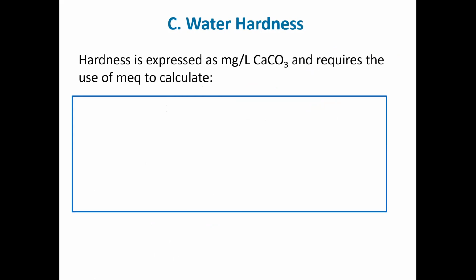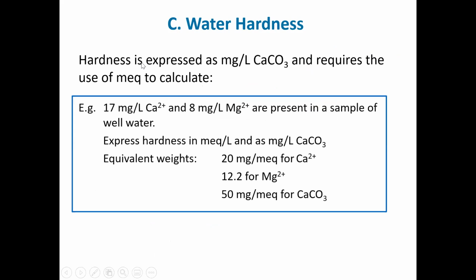Okay, so there are different ways to calculate hardness, but one of the standard ways is to use milliequivalents. This is why it's good to know how to use milliequivalents, because it's going to help us to calculate hardness.